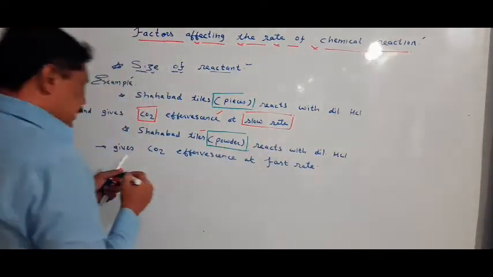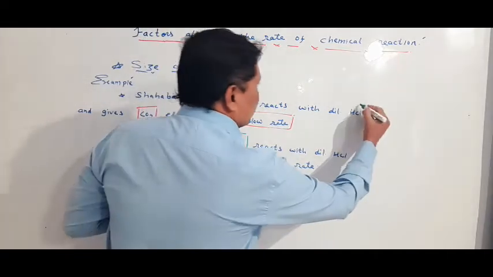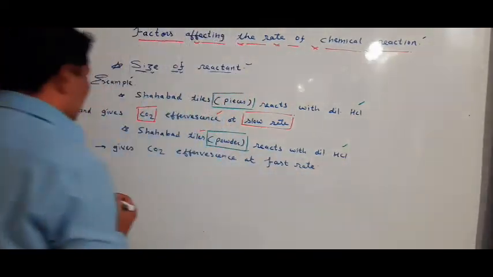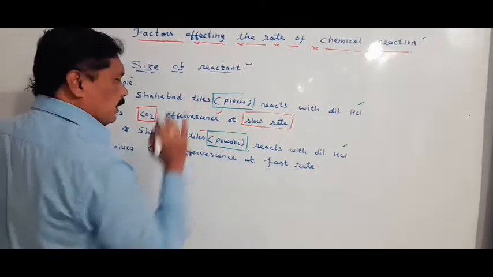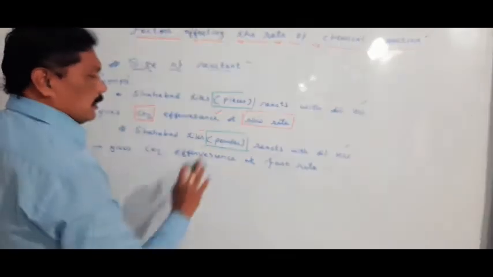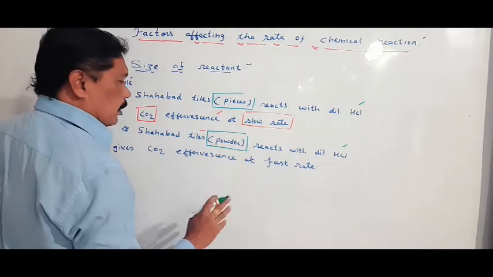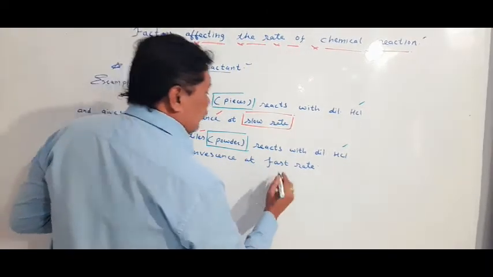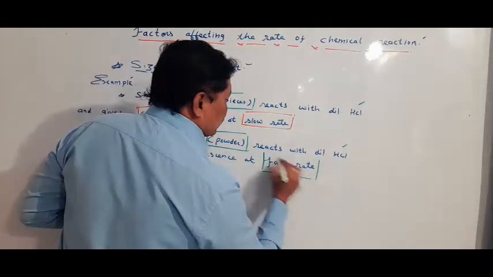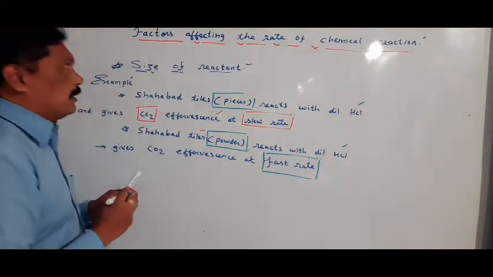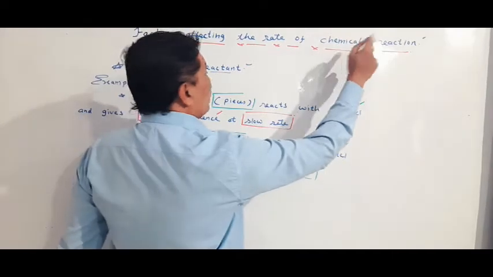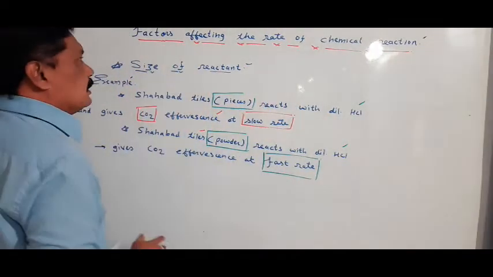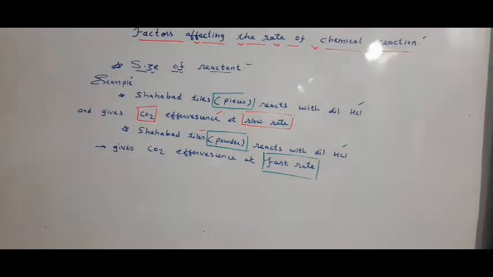It again reacts with dilute HCl, and this time carbon dioxide effervescence is given out at fast rate. From this example, we can say that the rate of chemical reaction depends upon size of reactant.